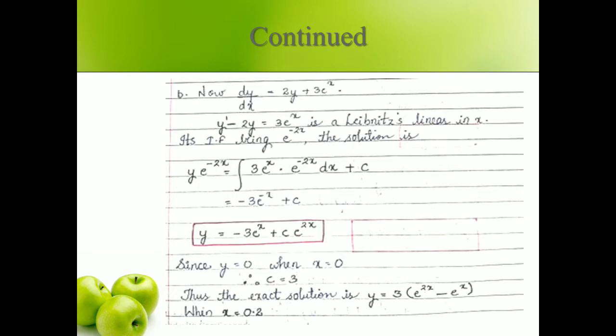Now dy by dx equal to 2y plus 3 e to the power x.